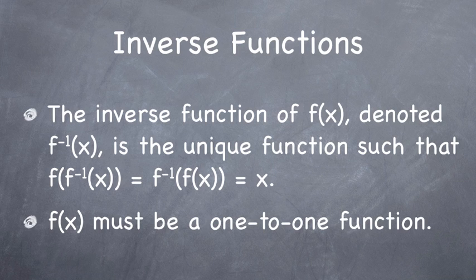Now the reason that we talked about one-to-one functions before talking about inverse functions is because it's only one-to-one functions that actually have inverse functions. And we'll see in just a moment why that's not surprising.